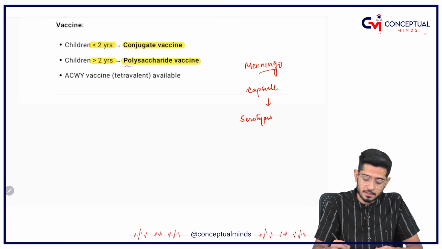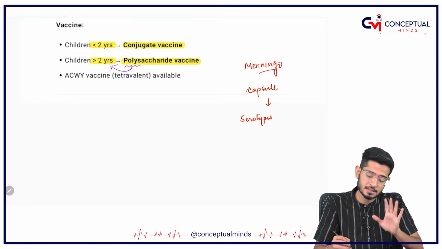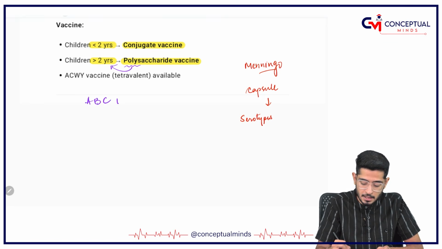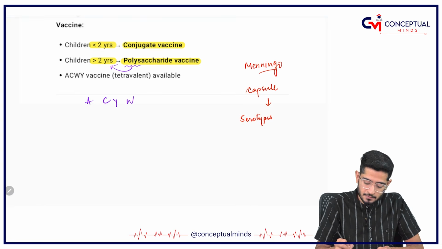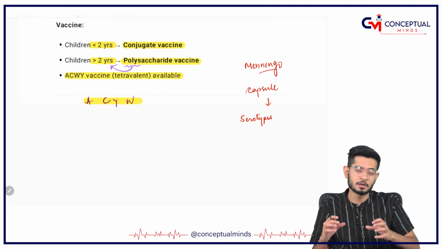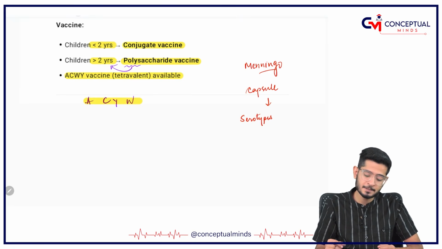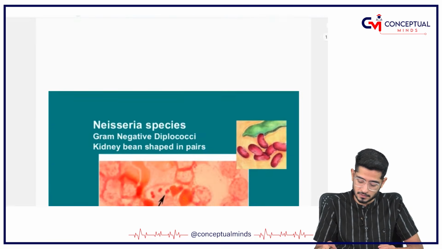Poly means multiple, so more than 2, conjugate means less than 2. And what are the strains? I told you there are 5 very important strains, A, B, C, Y and W. If you remove B, A, C, W, Y are the 4 strains which are used in the preparation of the vaccine. This is a tetravalent vaccine which is available.